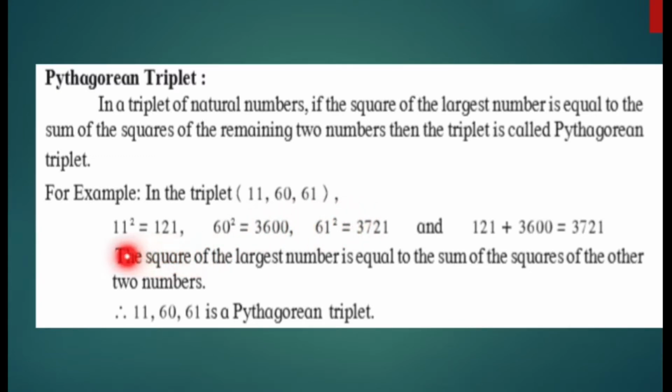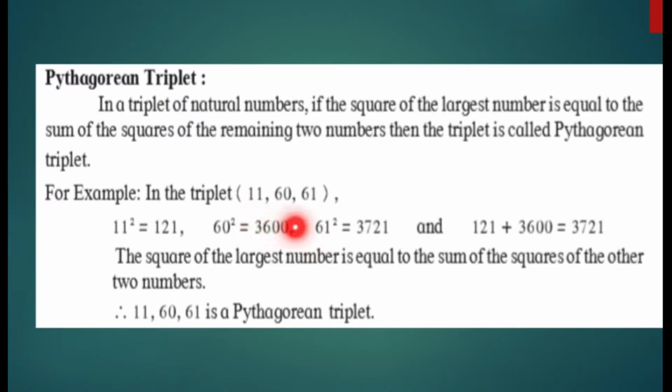So the square of 11 is 121, the square of 60 is 3600, and the square of 61 is 3721. Now 11 is smaller than 60, 60 is smaller than 61, so the greatest number is 61.